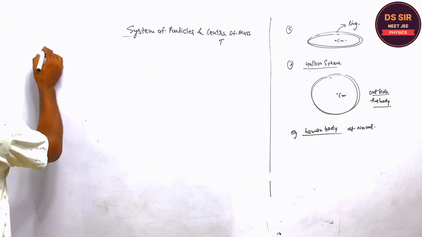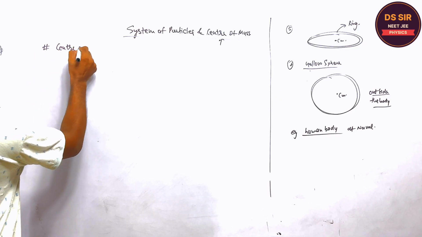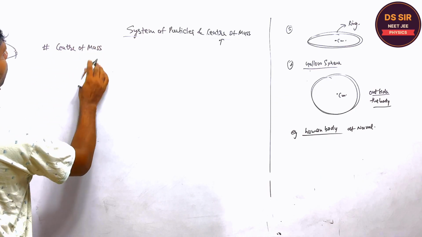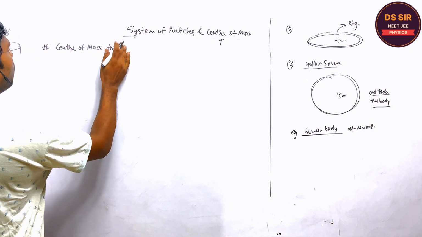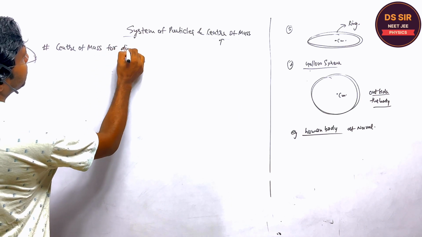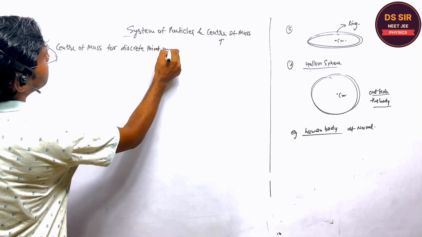The first point you can write: center of mass for a system of particles, or for discrete point masses, right?